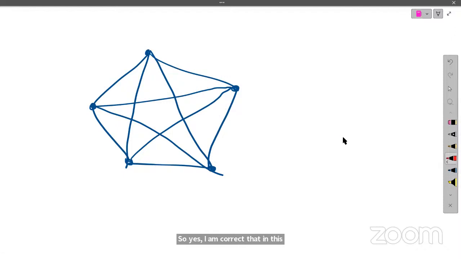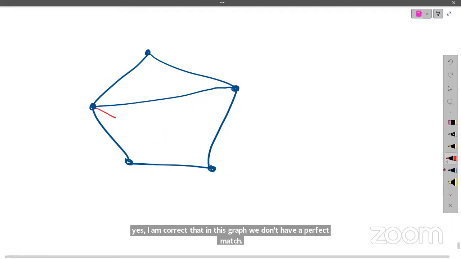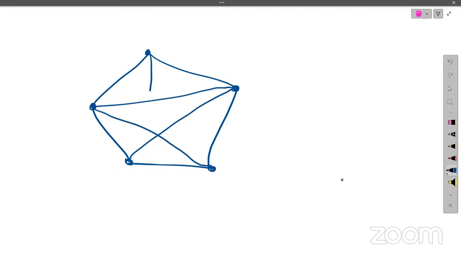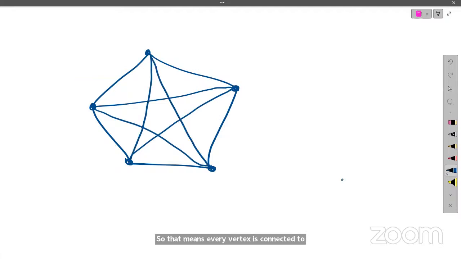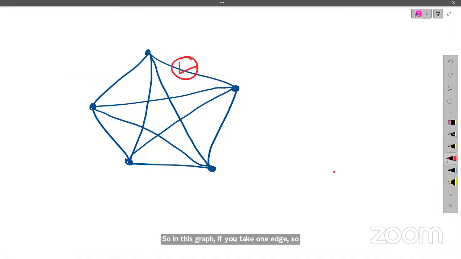Why don't we have a perfect matching? Because every vertex is connected to every other vertex. In this graph, suppose I consider this edge E1 in our matching.